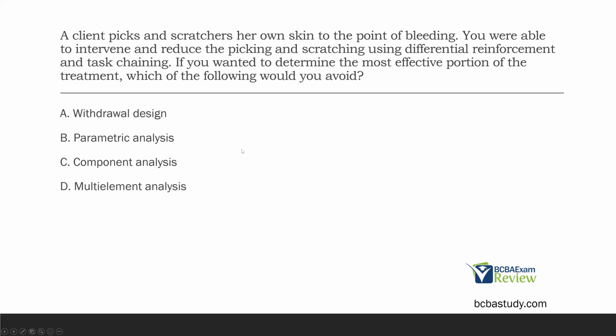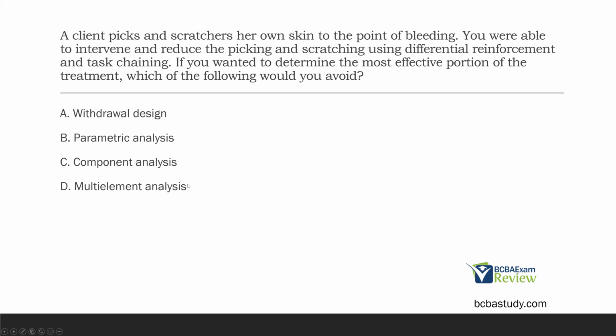B, parametric analysis, and C, component analysis. With these, what are we doing? Well, with a component analysis, we're going to find out, was it the differential reinforcement or was it the task chaining? Which one was more effective? With a parametric analysis, we're going to find out how much differential reinforcement or how much task chaining was effective.